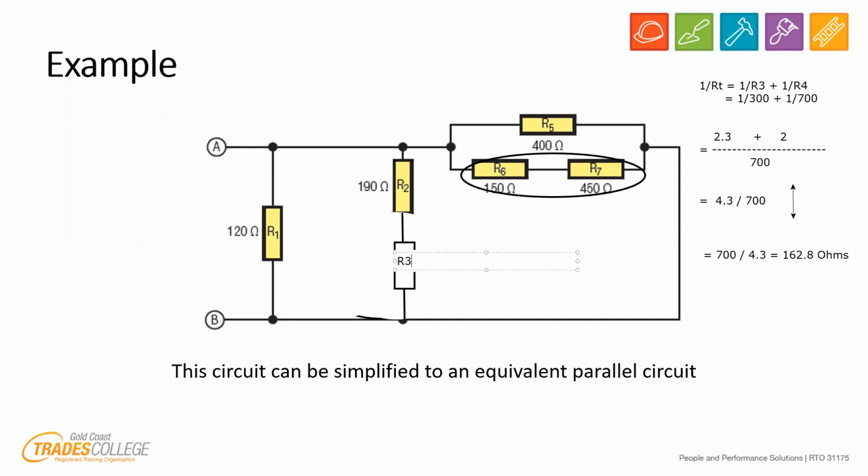You can call it RP if you want to, which is the resistance of the parallel. I don't really care. I'm just going to call it R3 for now, and I know that that value there is 162.8 ohms.